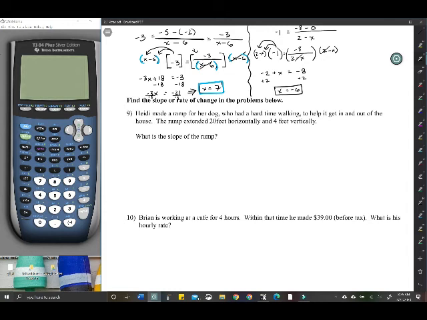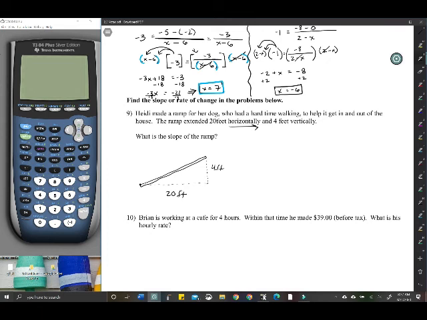So, again, they're word problems, but they're really not bad. You can certainly draw yourself a picture. Now, 20 feet horizontally means the ramp is going this way, 20 feet. 4 feet vertically means that up and down it traverses 4 feet. So there's the ramp she's building. And you can draw a little dog in there.